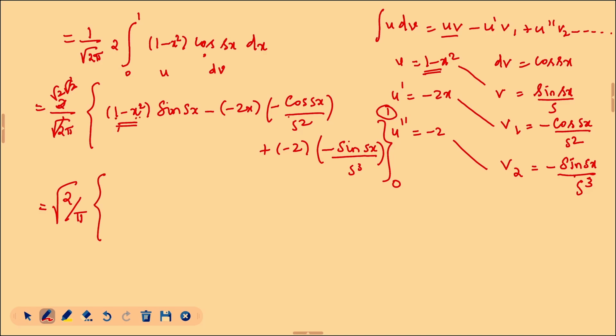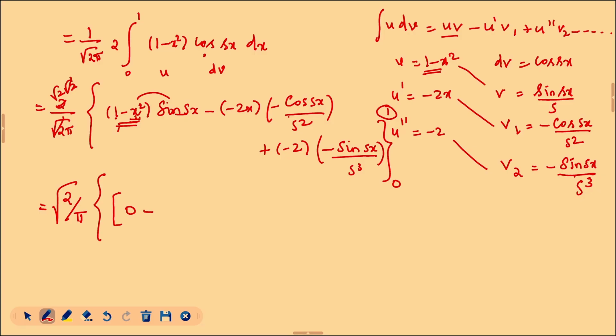Before applying the limits, open a curly bracket and a square bracket for the upper limit. So, 1 minus 1 is 0, and 0 into anything is 0. So, the first term will become 0. Now, consider the second term. We have 3 negative signs, so put 1 negative sign here.